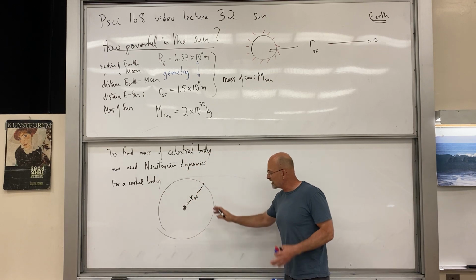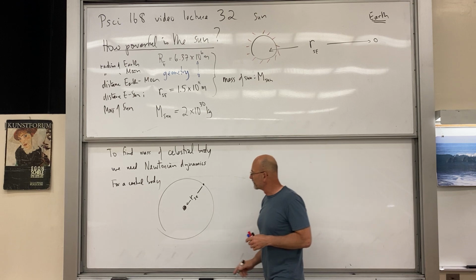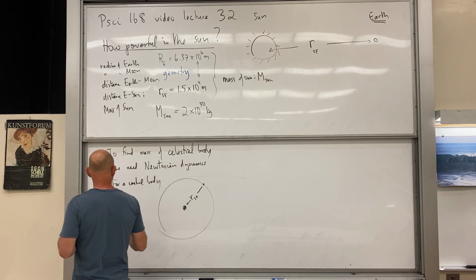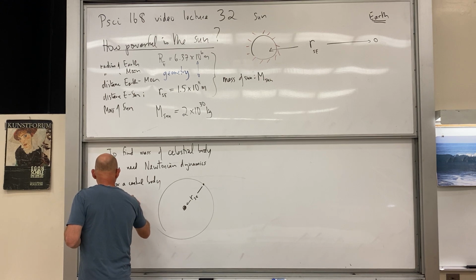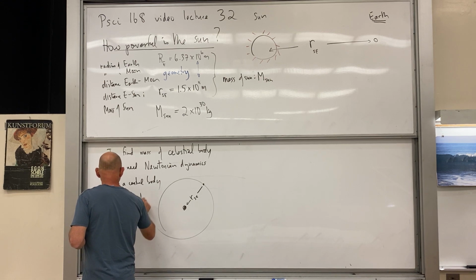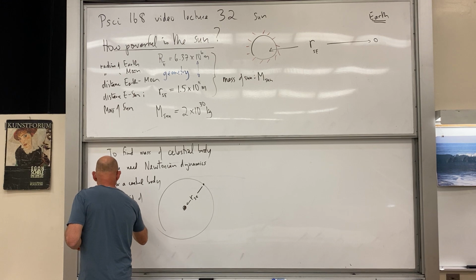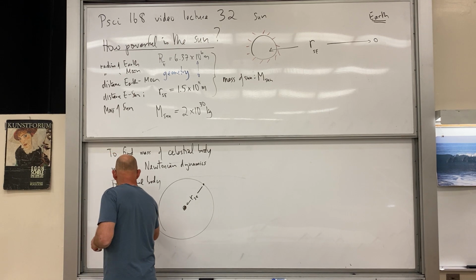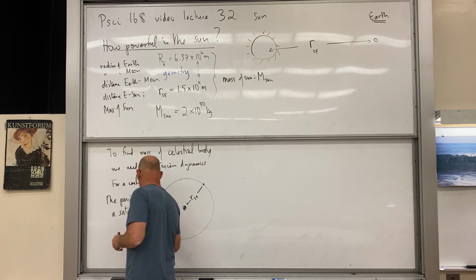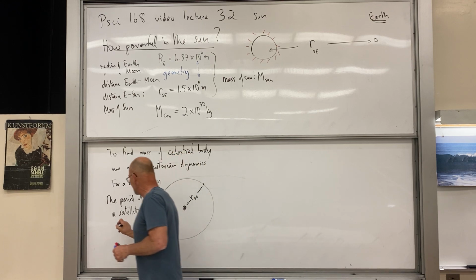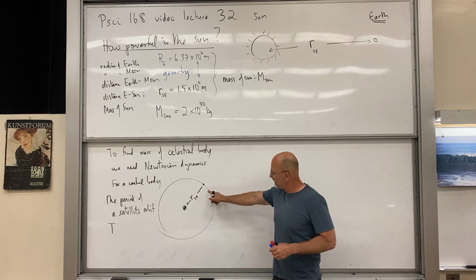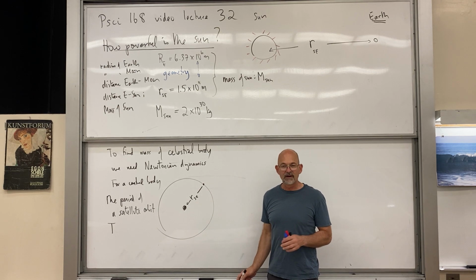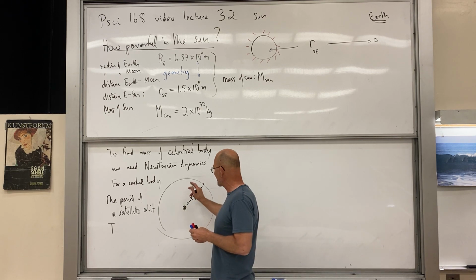So for a central body being orbited by a smaller one, the period of a satellite orbit, which is T, along with the distance or the radius of the orbit, is enough for us to know what the mass is.